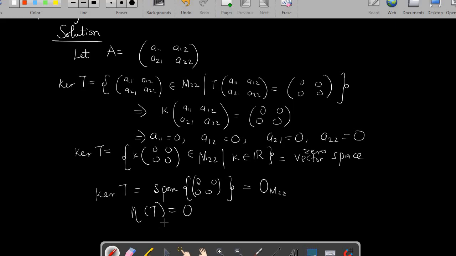Why is the nullity of T equal to 0? I think I already said that when I was explaining kernel. When you have a zero vector space, you won't have any basis, because it cannot form a basis. And why is that? It's linearly dependent. So we said that the nullity is 0 since it doesn't have any basis. So the nullity for this question is 0.